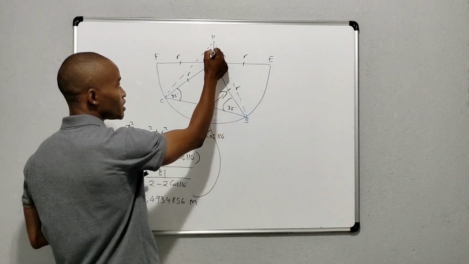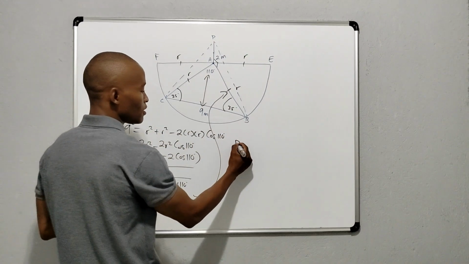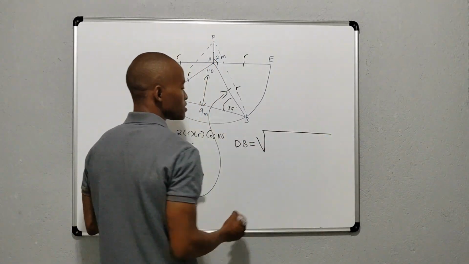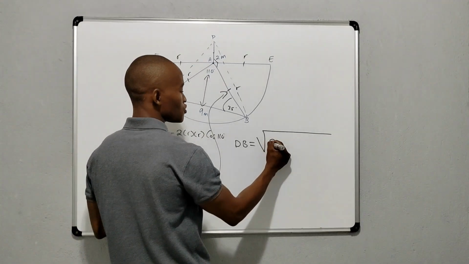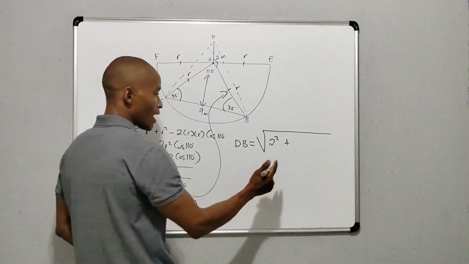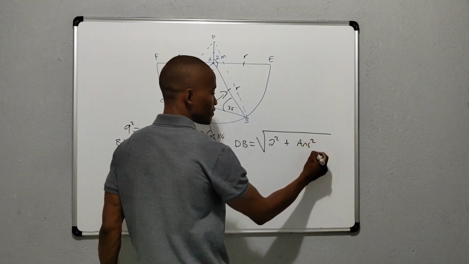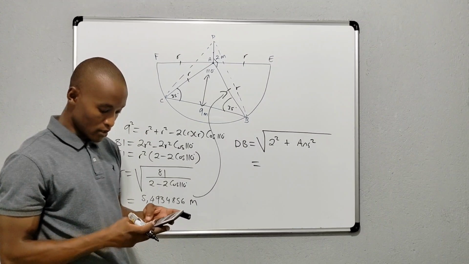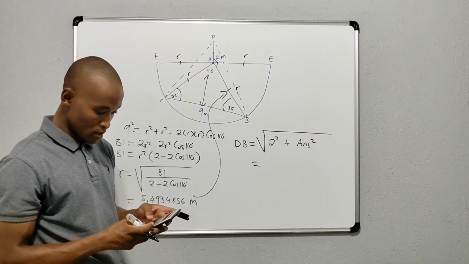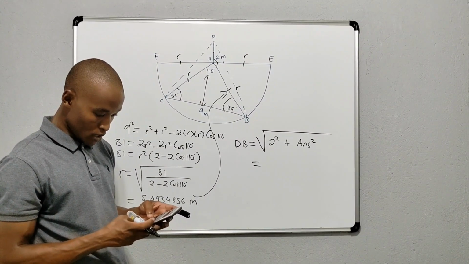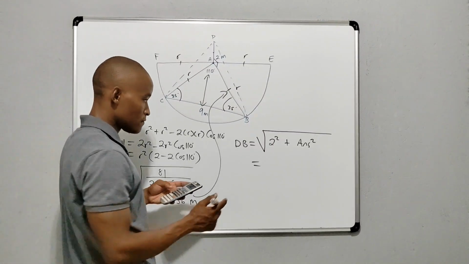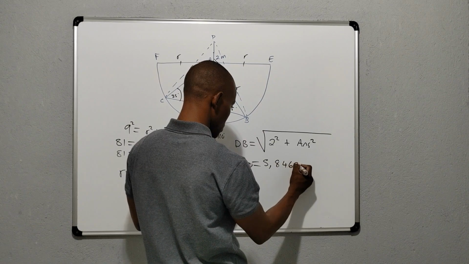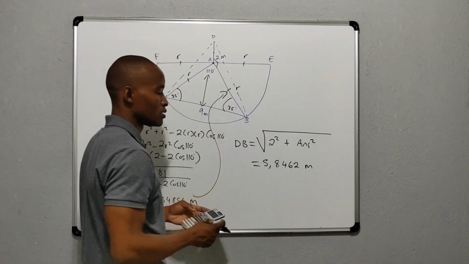Okay, we have the 2 meters. We can definitely get the hypotenuse, which is our DB in this case. So it is 2 squared plus our answer squared here, right? Applying Pythagoras, we have our answer now to be 5.8462 meters.